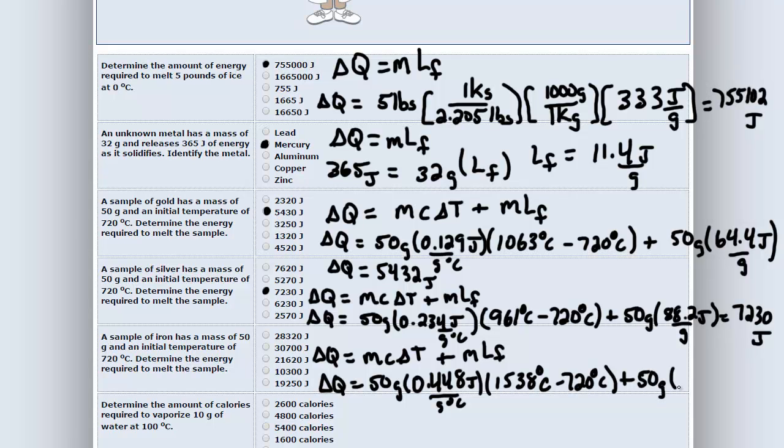And then we have to go through the actual melting process, which is 50 grams times 247 joules per gram. All right, so we have 50 times 0.448 times the quantity 1538 minus 720, and then we have to add 50 times 247.